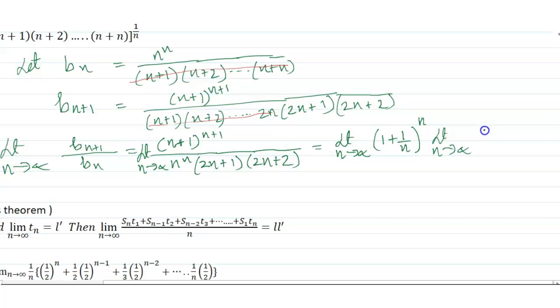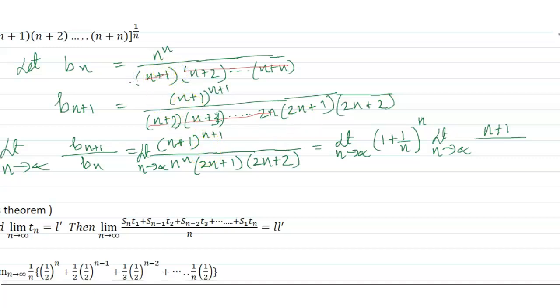It can be represented this way, n plus 1 divided by, so friends, here is also some mistake, that Bn plus 1 will be n plus 2, the starting point is n plus 2, n plus 3 up to this way, and n plus 1 is the remaining portion.